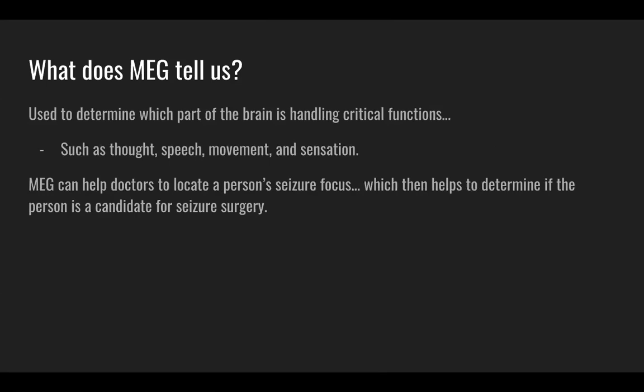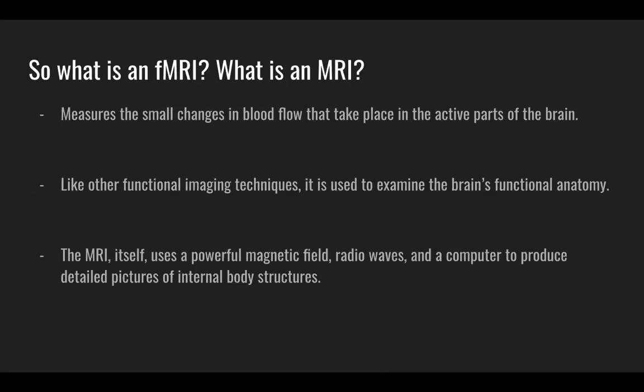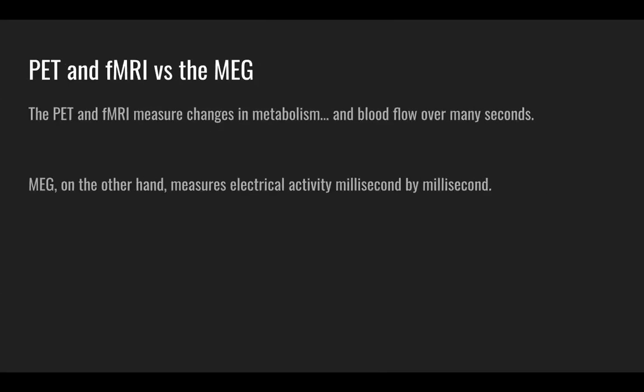So MEG tells us a lot. It tells us about thought, speech, movement, sensation, and most specifically today it focuses on epileptic patients and trying to help them with their condition. We talked about what an fMRI is. The PET and fMRI measure changes in metabolism and blood flow over many seconds, while the MEG actually measures electrical activity millisecond by millisecond.